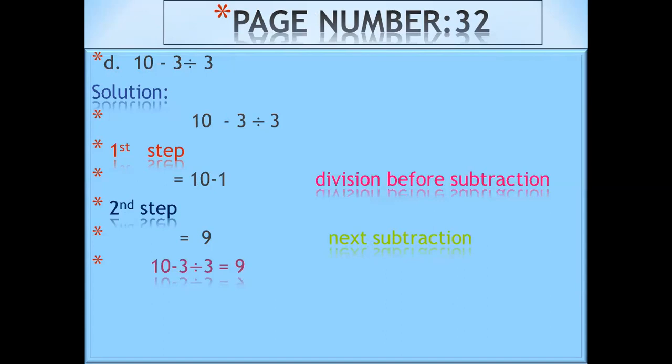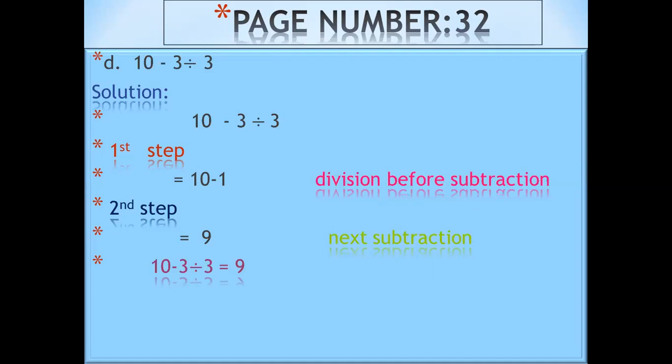So D comes before S, it means that first division. 3 divided by 3, 1. When you divide 3 by 3, 1 will be the answer. 10 minus 1. Now is the turn of subtraction. 10 minus 1 is 9. So solving 10 minus 3 divided by 3, our answer is 9.